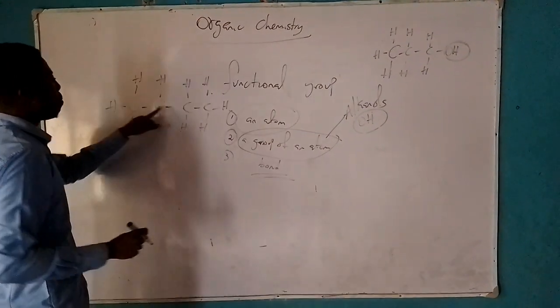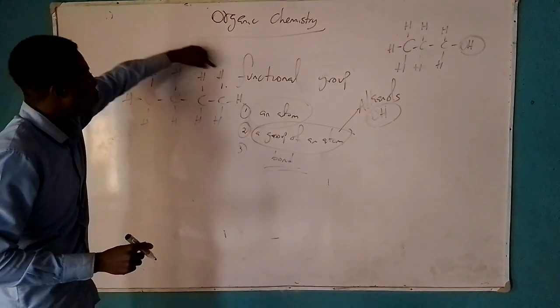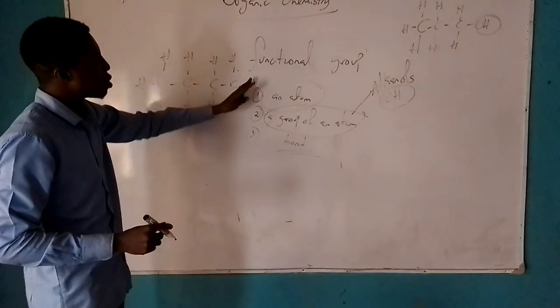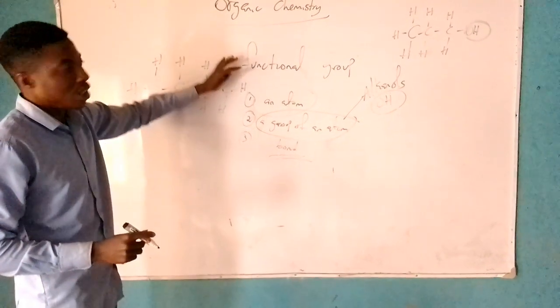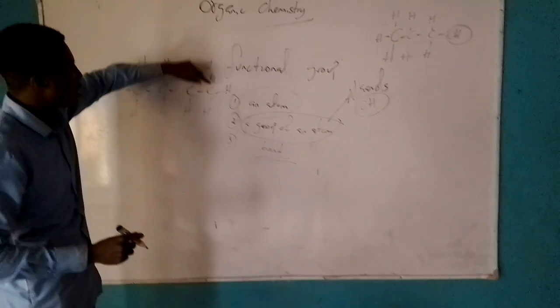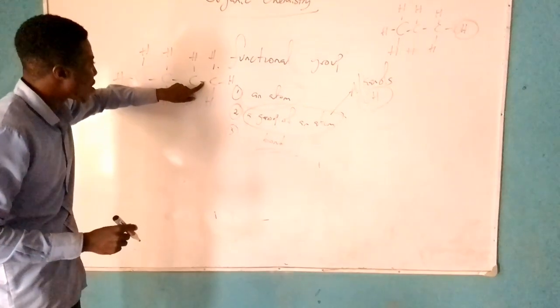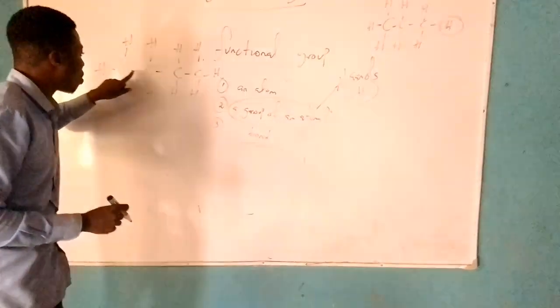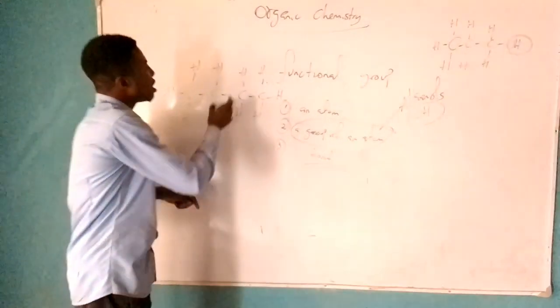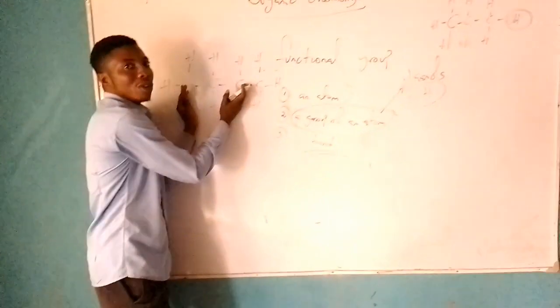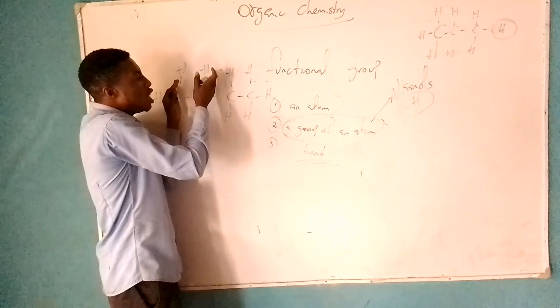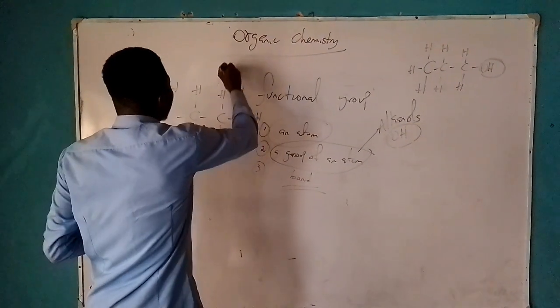Once you see a single bond here, and you're not seeing another atom apart from all this, that means this belongs to the alkane family. Look at this hydrogen. You are seeing just one single bond, one single bond, one single bond. So this bond tells us that this compound belongs to a homologous series, which is an alkane.